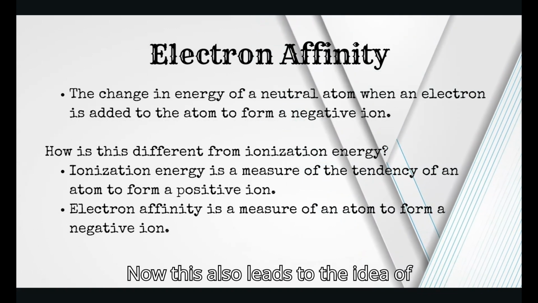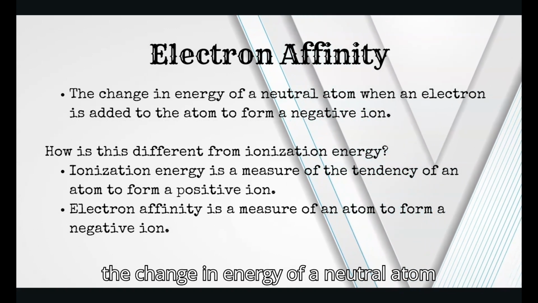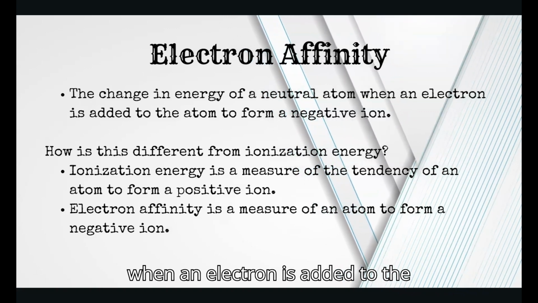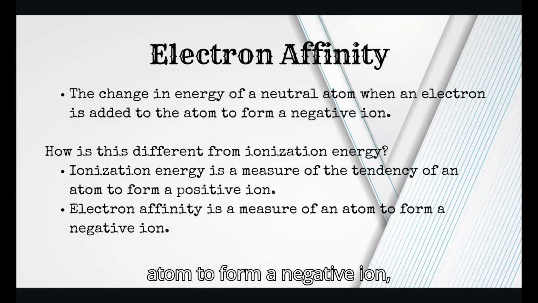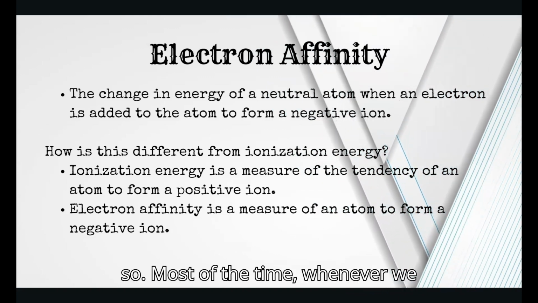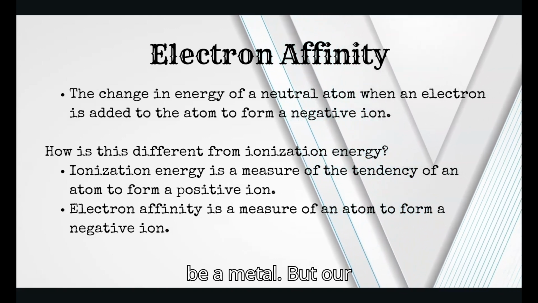Now, this also leads to the idea of electron affinity. This is the change in energy of a neutral atom when an electron is added to the atom to form a negative ion. Most of the time, whenever we remove an electron, it is going to be a metal.